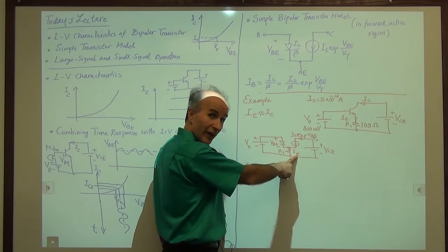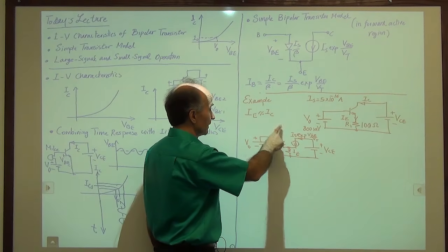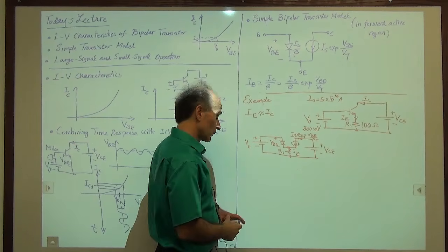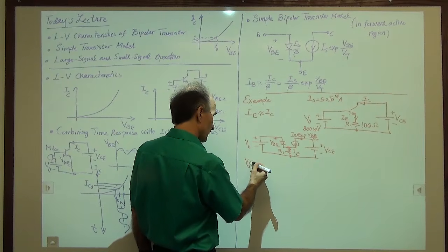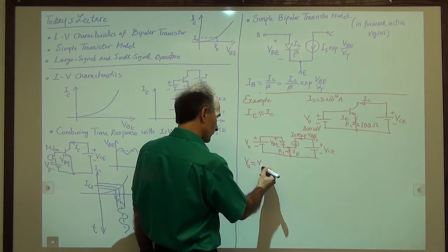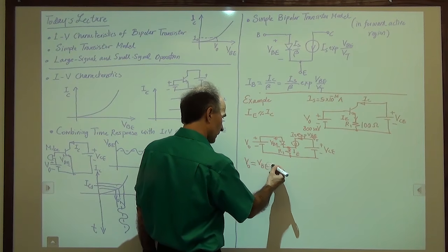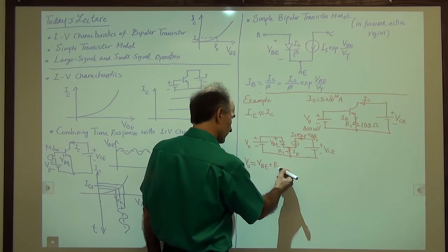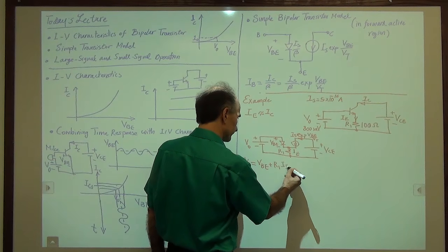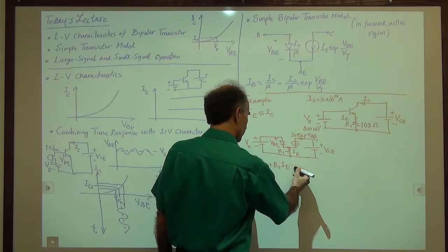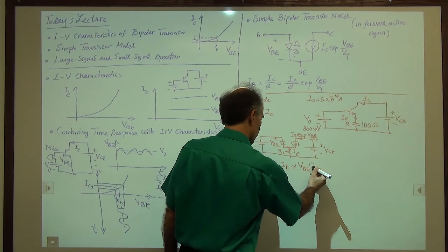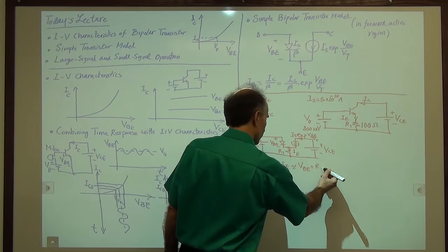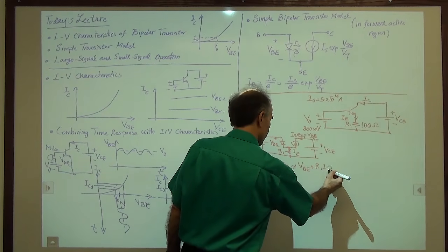The current through it is IE, which is approximately equal to IC, as we saw. So we say V0 is equal to VBE plus R1 times IE, which is approximately equal to VBE plus R1 times IC.